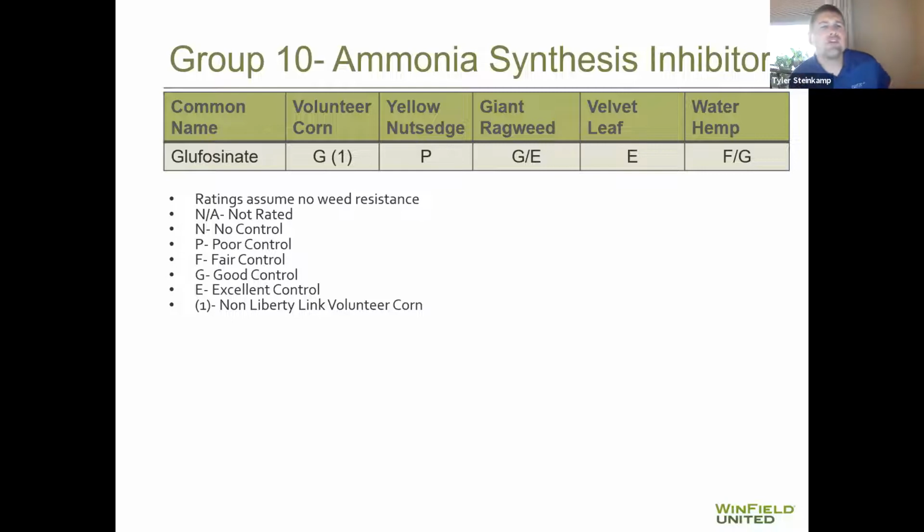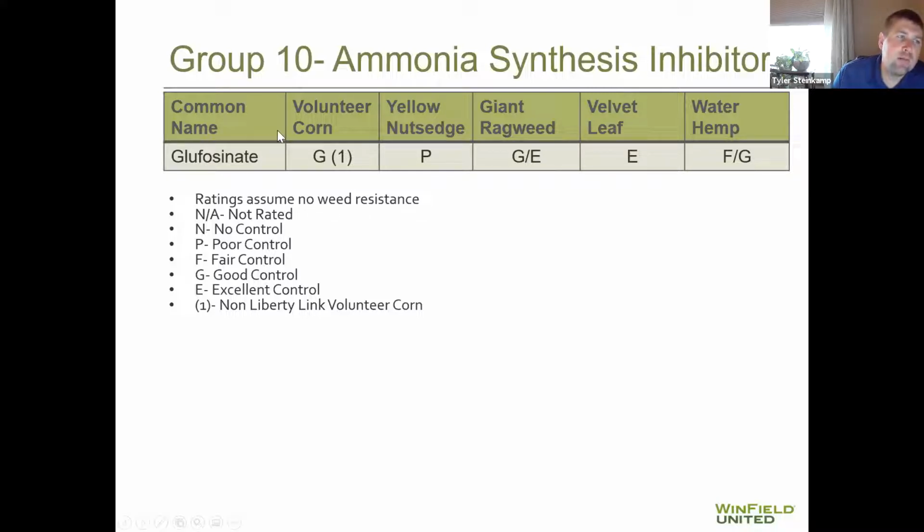I think the biggest reason we struggle to get control on grasses is that the growing point is down in the whorl and it's somewhat protected. So we can very easily burn off the tops of the grasses, but it's hard to get the growing point. It's easier to get the growing point of some of those annual grasses that are small. If they're getting any kind of size to them, they can be tough.